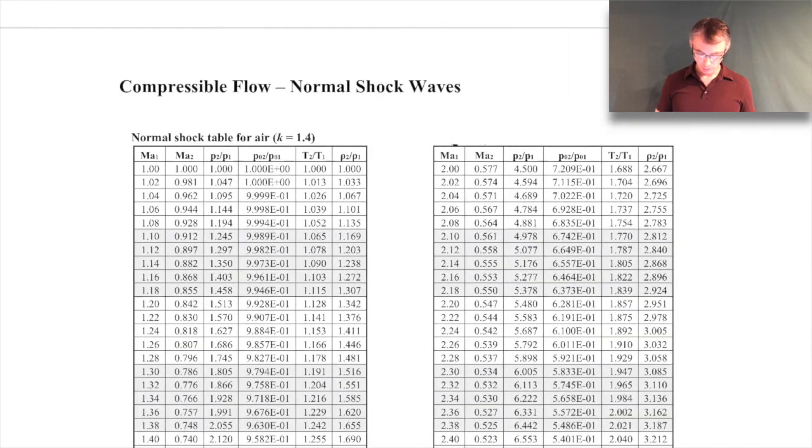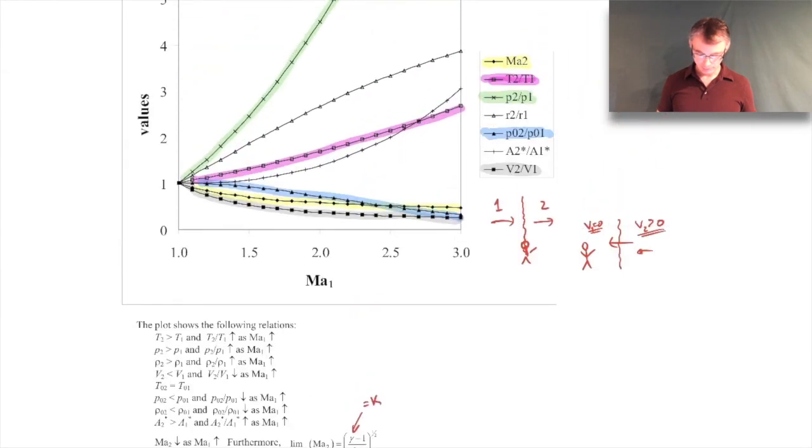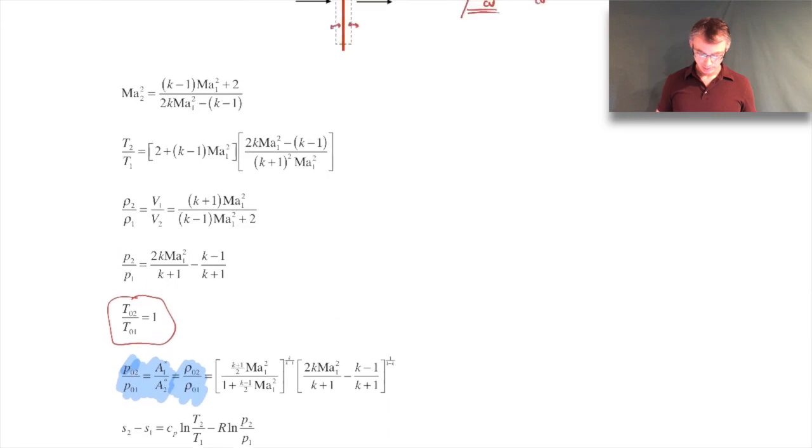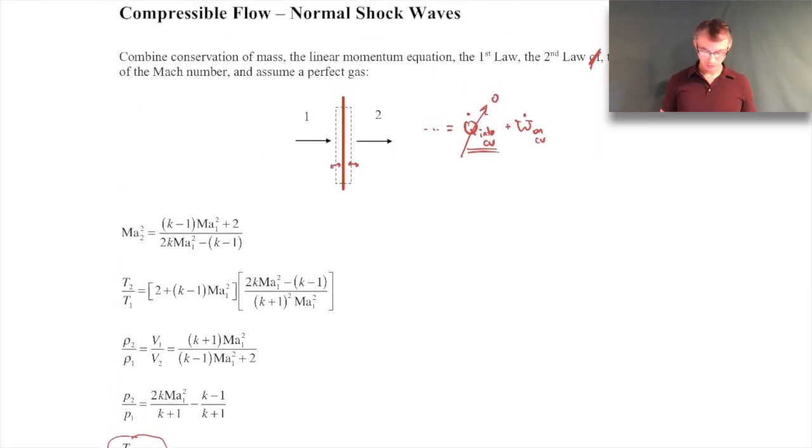All right, so I think that's everything I wanted to cover for this topic. Don't worry so much about derivations and the exact algebra involved. All I really want you to know is that it comes from conservation of mass, the linear momentum equation, and the first law applied to a control volume. Everything you've done in this class, where we've dealt with control volumes, gives you all the tools you need to do this analysis on your own.